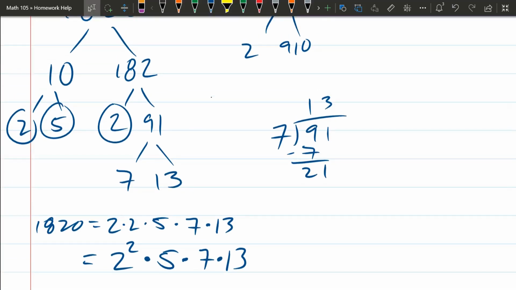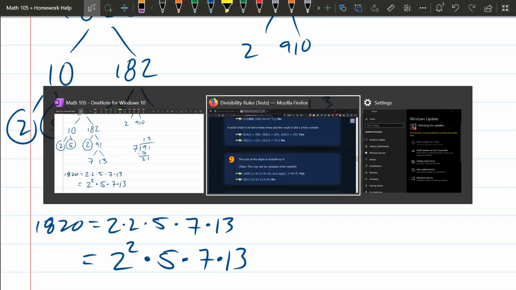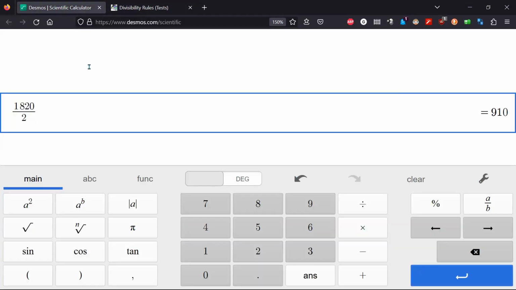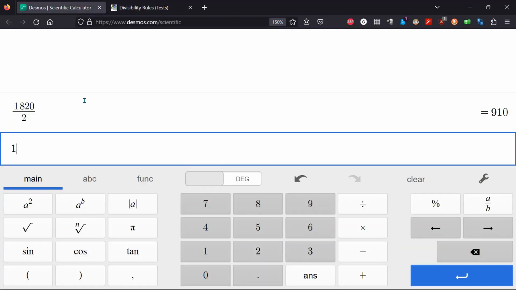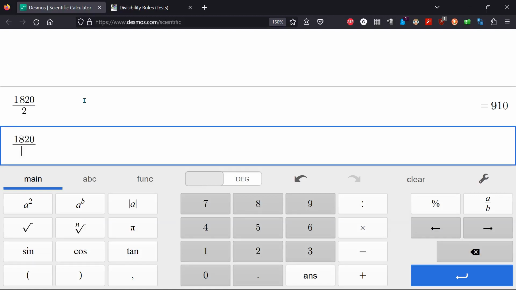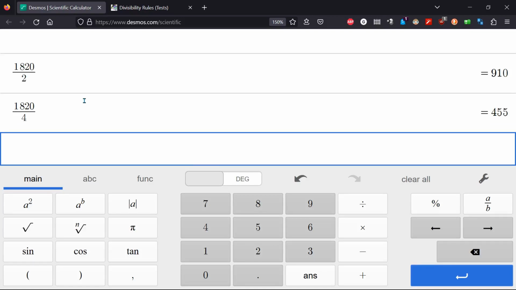So again, if you have a calculator, what I could have done is just gone through and did 1820 divided by maybe you thought 4, so you get 455, so you can test it out here.